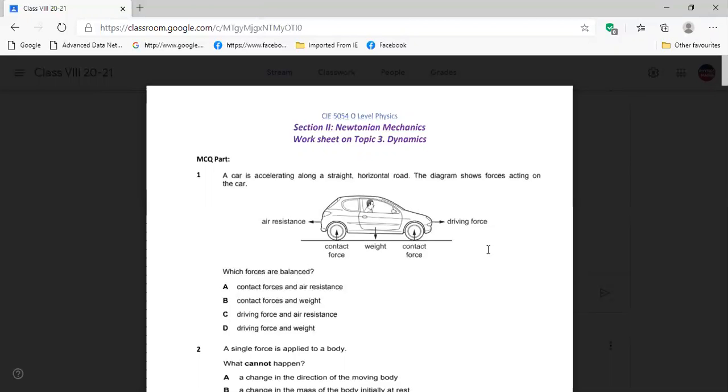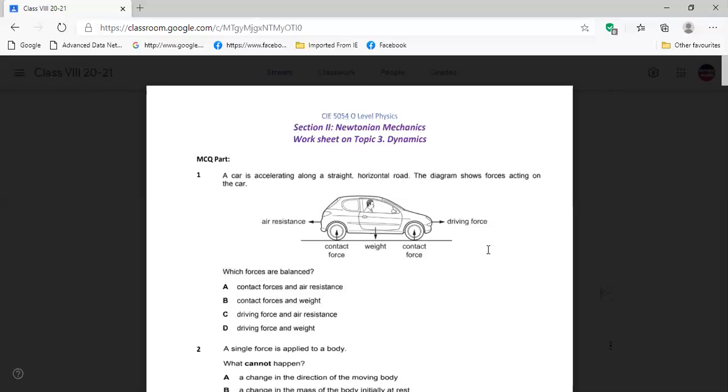Okay, sir. In the first few words, we have the clue. What should be the answer? So it's contact force and weight.